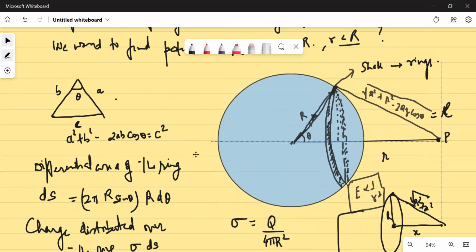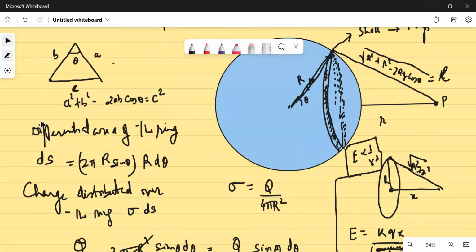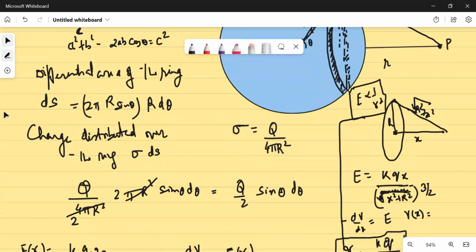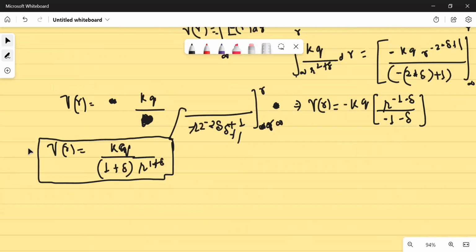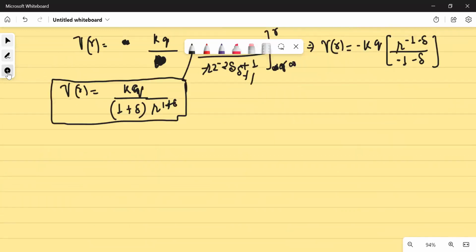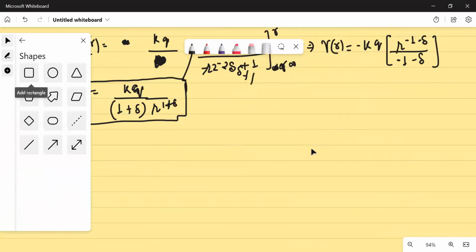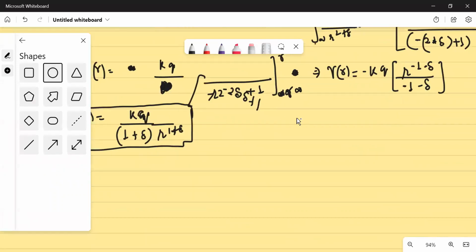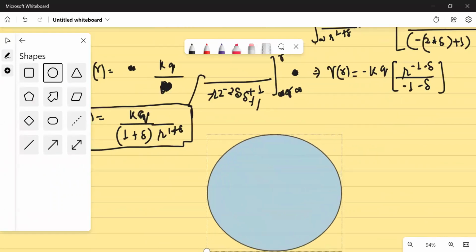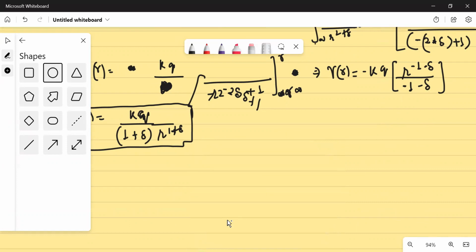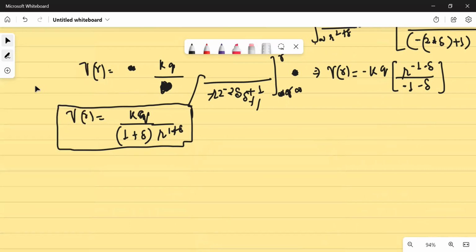So just give me a minute. So if I check it again, this is my sphere.